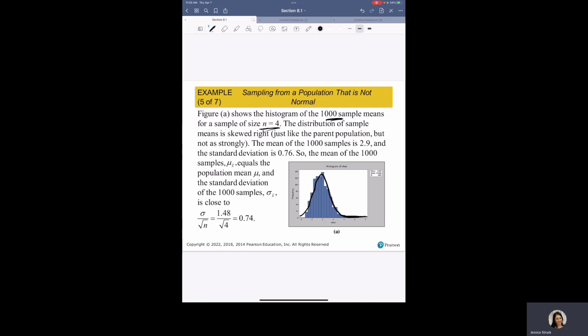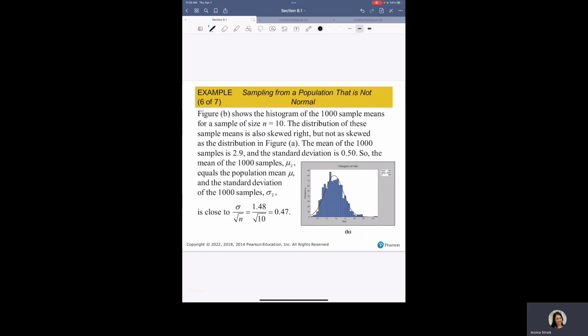The standard deviation is 0.76. Remember, we're still talking about the distribution of the sample means. The good thing is that the mean of the X bars does still equal the mean of the population. And the standard deviation of the 1,000 samples for X bar, sigma X bar, is just 0.74. So they're close.